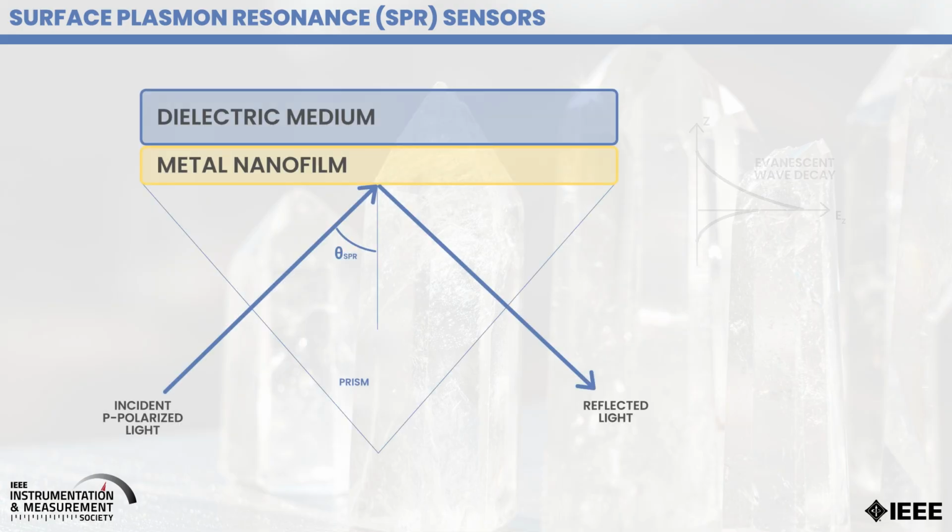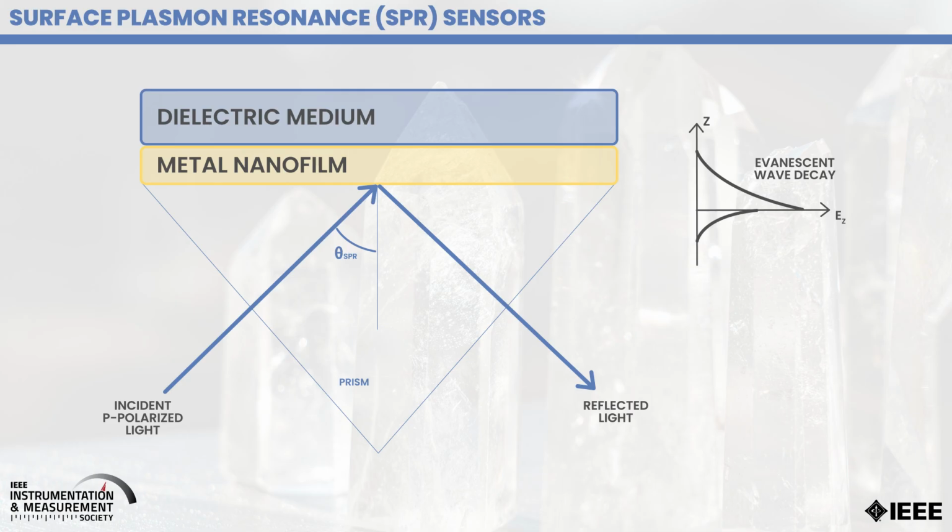In particular, SPR is a very sensitive technique able to determine refractive index variation at the interface between an ultra-thin metallic nanofilm and a dielectric medium.